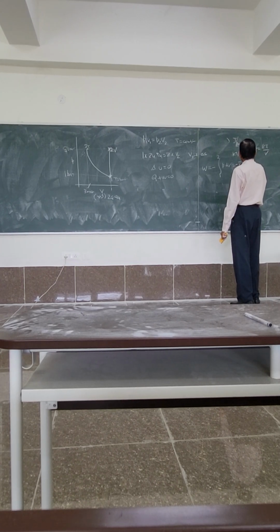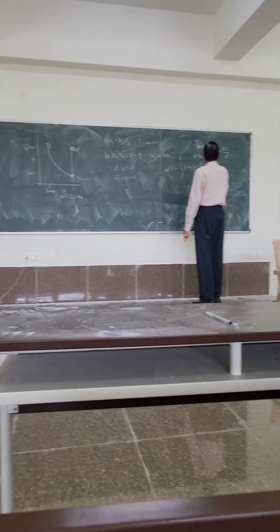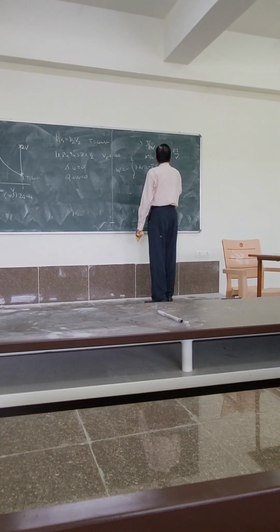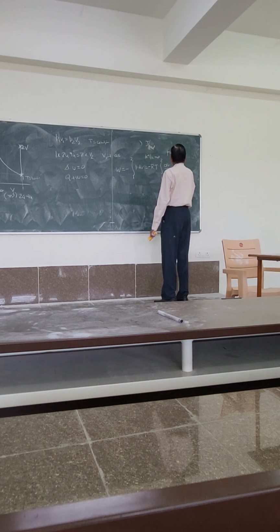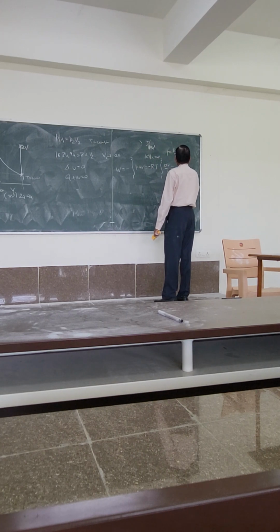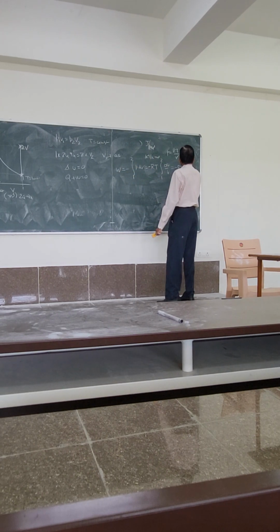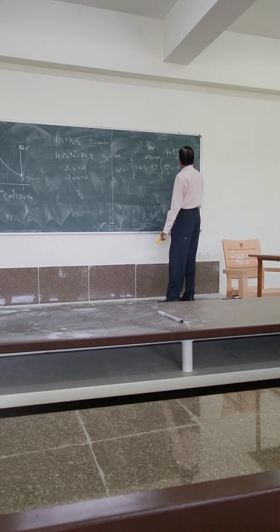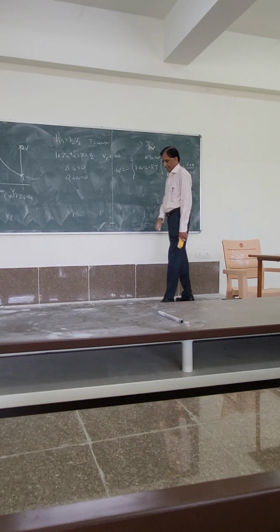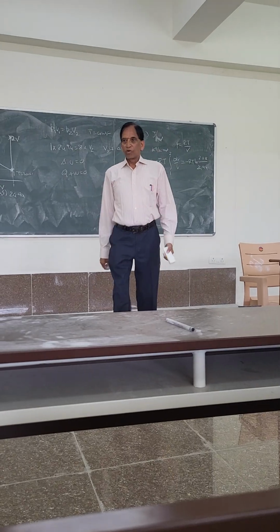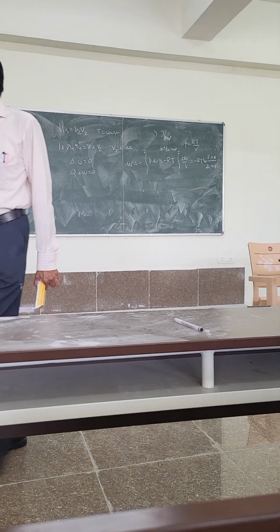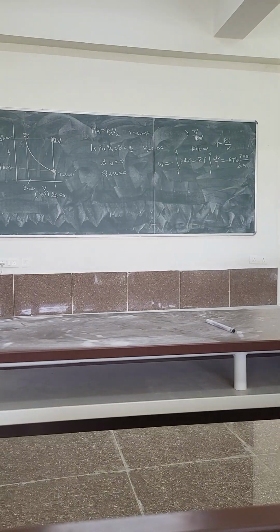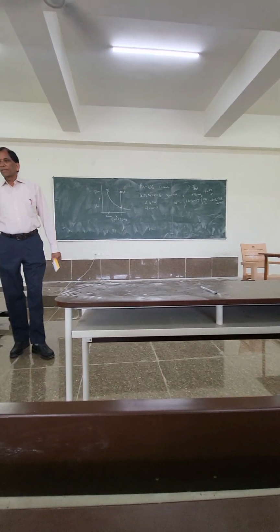It will be negative of RT times the integral from 1 to 2 of dV by V. So that will be equal to negative of RT ln of V2 by V1. T is equal to 300, R is equal to 8.314.